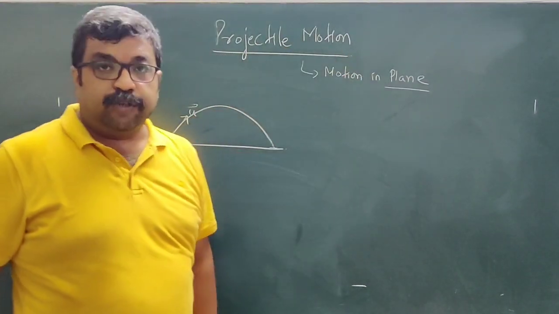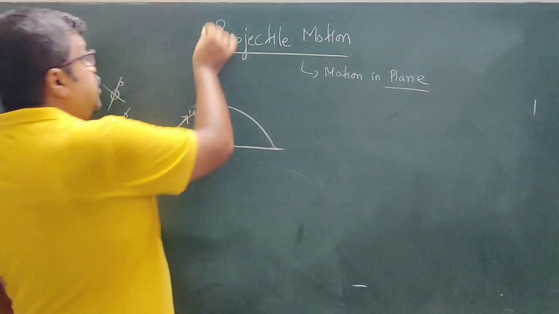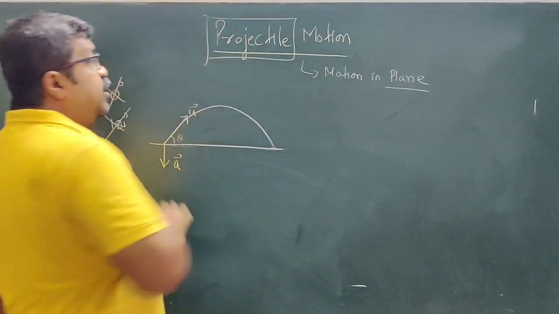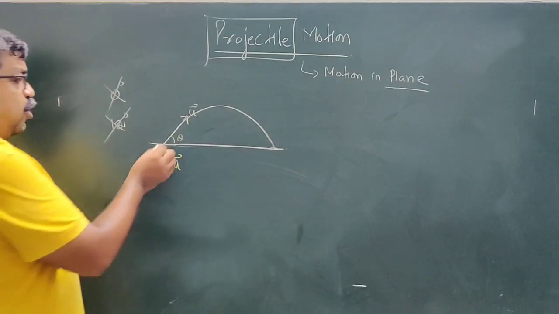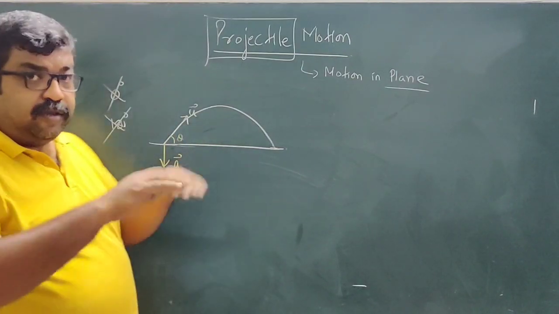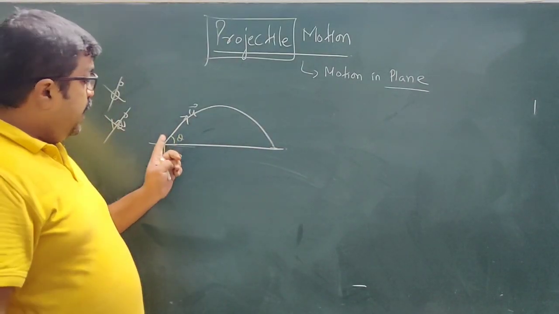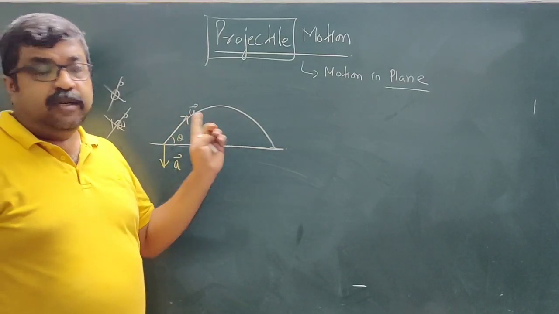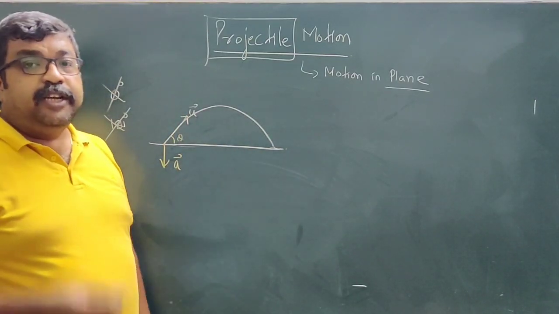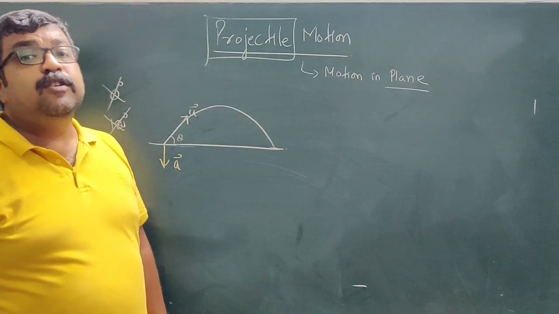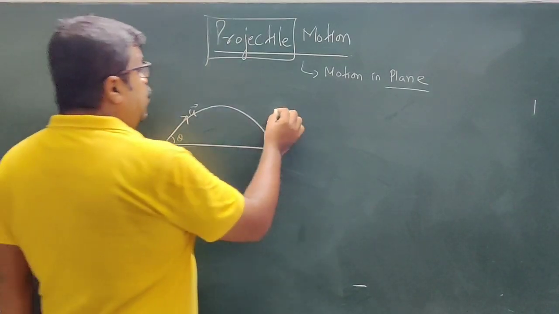This is the kind of motion we are going to study, and it is called projectile motion. But why this word projectile? Because this object is projected in space, on the surface of Earth, and once the object is projected, it moves purely under the influence of gravity.